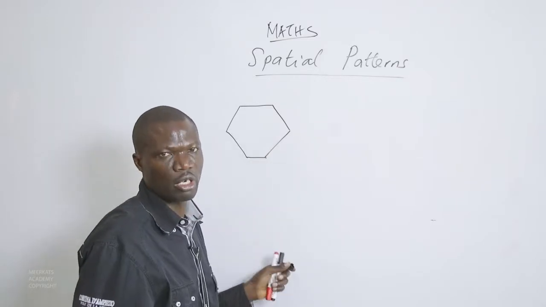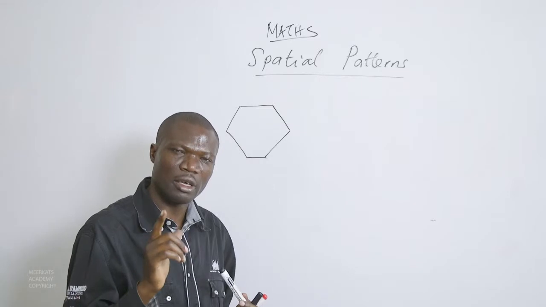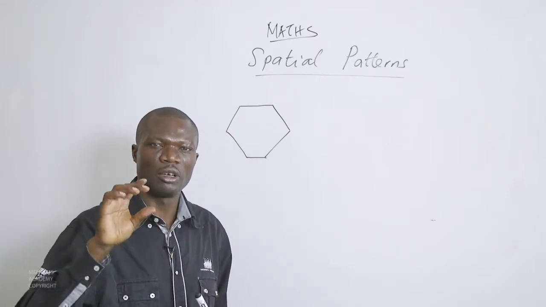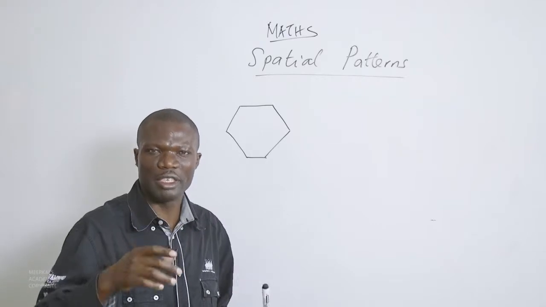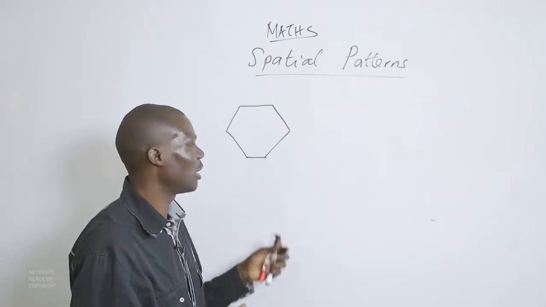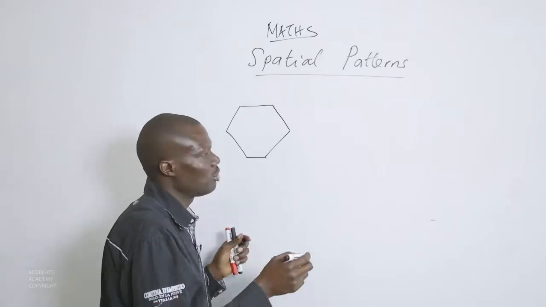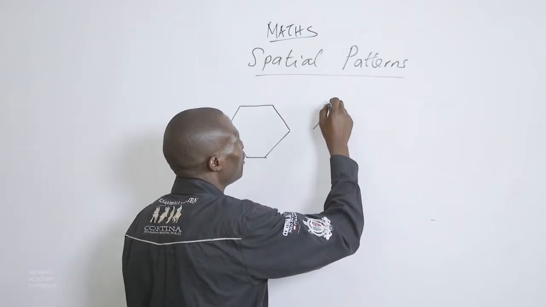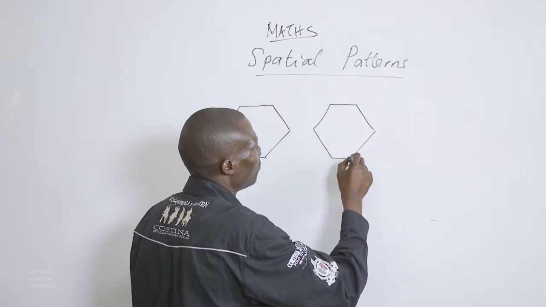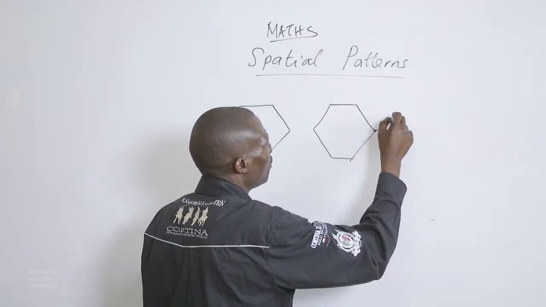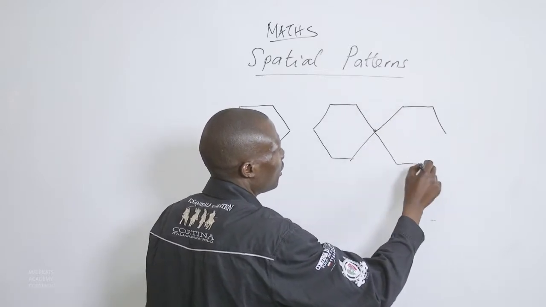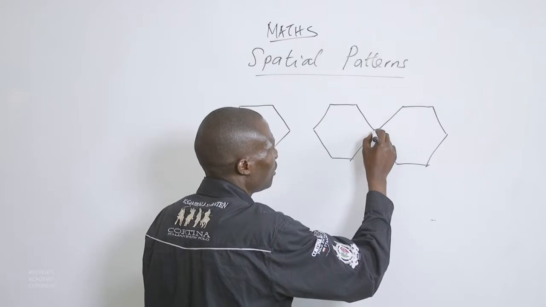Now we are going to have one hexagon. We said that in a spatial pattern we start with a very simple geometric shape. So this is a hexagon. If there are 2 now, we shall have 2 of them. So we are joining sticks. Remember, at every given interval, these are the sticks we are joining.